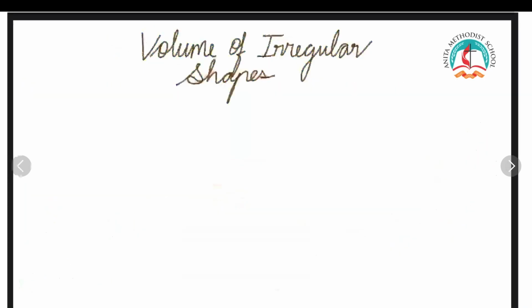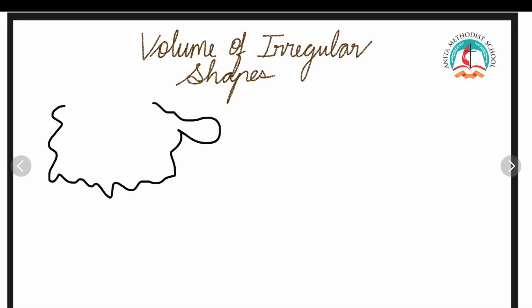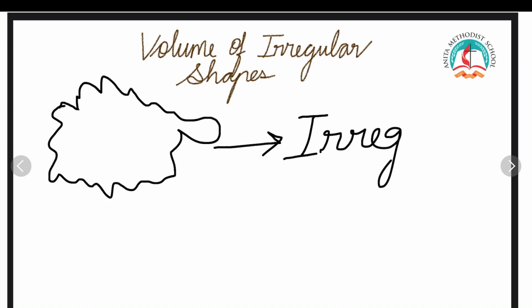The next one is volume of irregular shapes. What is an irregular shape? We are drawing an image, tell whether it is regular or irregular shape. Yes, it is an irregular shape.